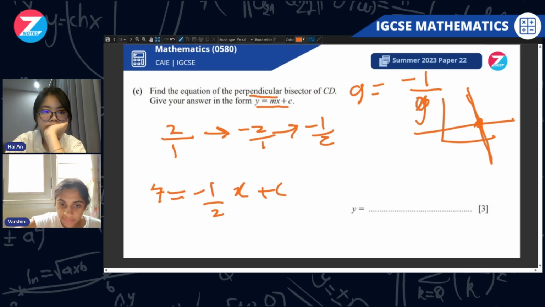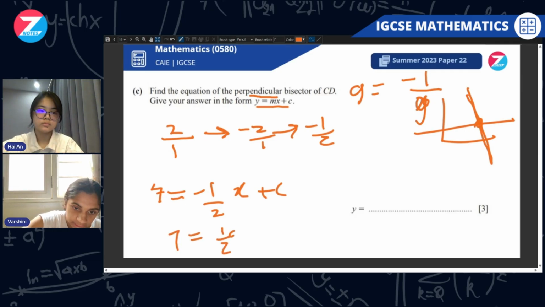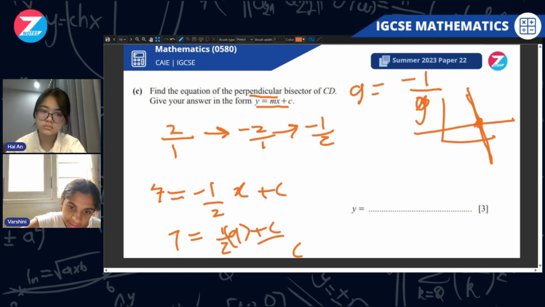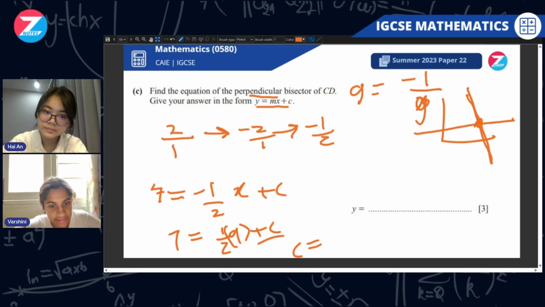Right, so we do know our value of x. From the midpoint, we can substitute a value of x in, which is 9. So 7 equals minus 1 by 2 into 9 plus c. Okay, so now let's take away 9 into 1 by 2 from both sides to find the value of c and isolate it. So we're going to get c as equal to 7 minus 9 by 2.